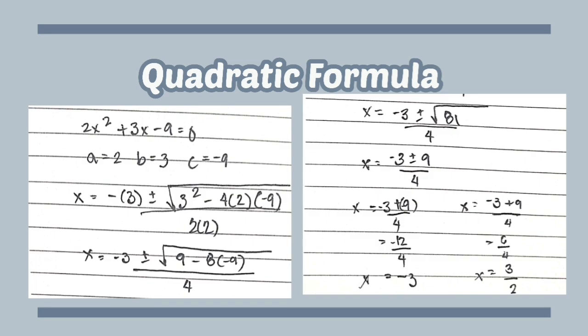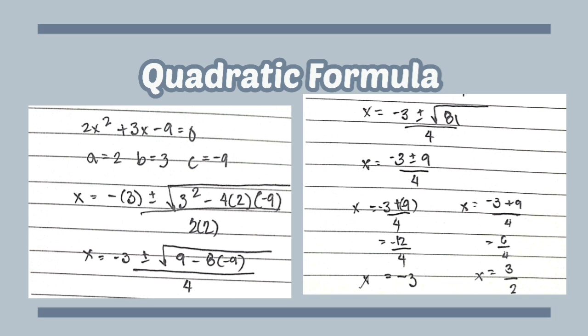Next example, 2x squared plus 3x minus 9 equals 0. First, we're going to determine what a, b, and c are. a will be equal to 2, b will be equal to 3, and c will be equal to negative 9. Then, we're going to simplify by substituting into the quadratic formula, which is negative b plus or minus the square root of b squared minus 4ac over 2a.